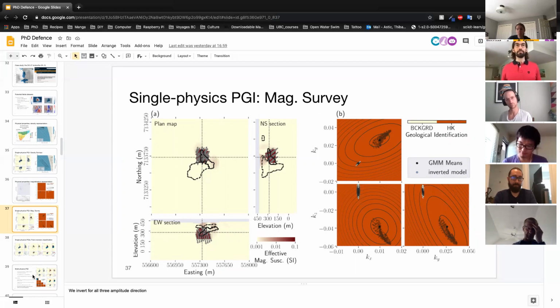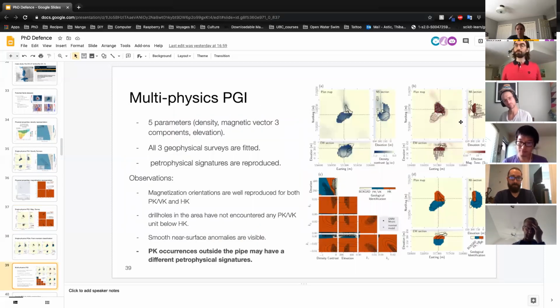But the real gain is for when we go to the multiphysics, because here we have two Kimberlite units with different orientation, and I don't know their location prior. So I needed the inversion to be able to have the cells in different directions, but still fall within bins for either the PK induced field or the HK remnant field.